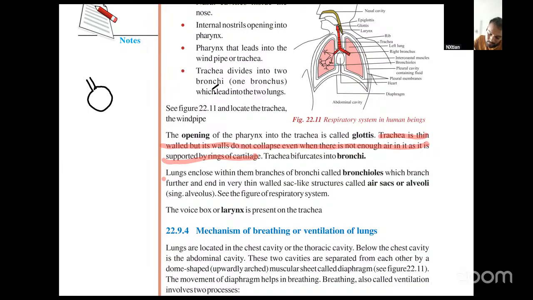And there is a blood vessel flowing along the alveoli. So what will happen here? The oxygen works on a process called diffusion. Now, what is diffusion? Diffusion is the movement of particles from high concentration to low concentration.